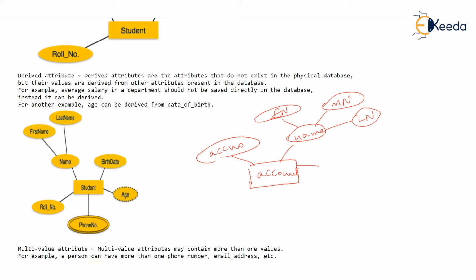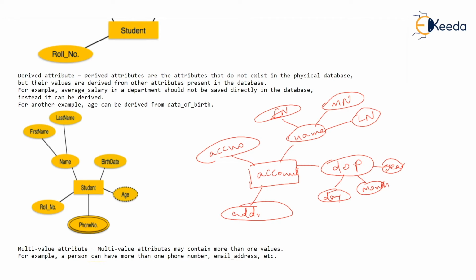Then I have date of opening the account, DOP, which has day, month, and year. Then I have something called address here, and address has street number, building number, and let's say city. Now this is the details of every account holder.